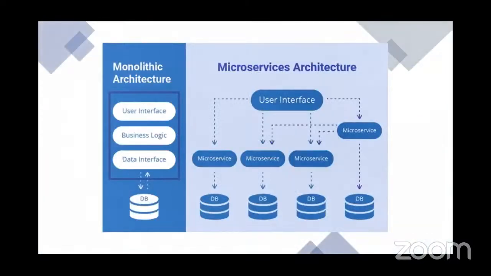This is another slide wherein you can see the comparison side by side of monolith versus microservices. In the monolith, you can see the user interface, the business logic, and the data interface all clubbed as a single code base, which interacts with a single database. But in microservice architecture, you can see that the user interface is a separate microservice, there are other microservices, and the data is federated.